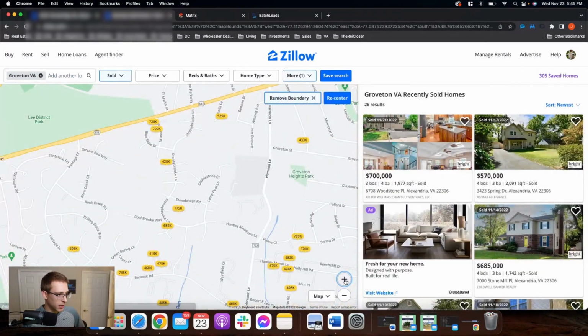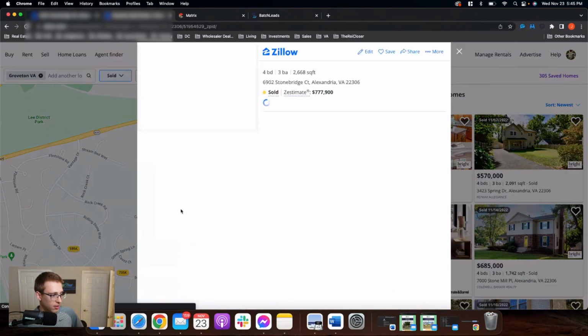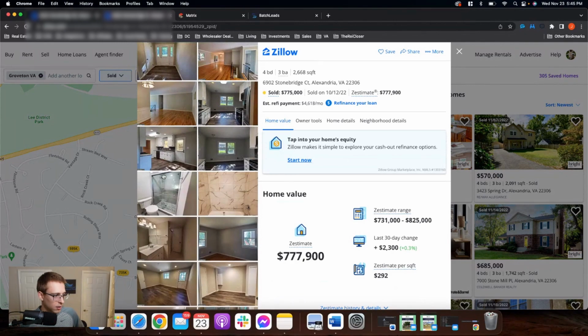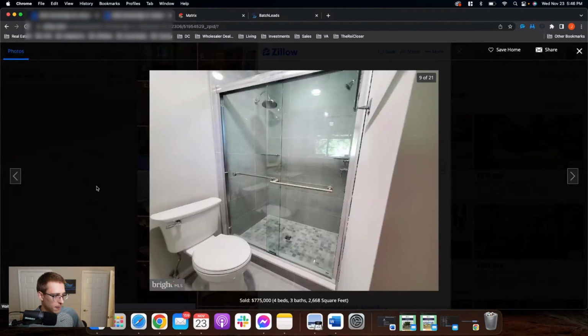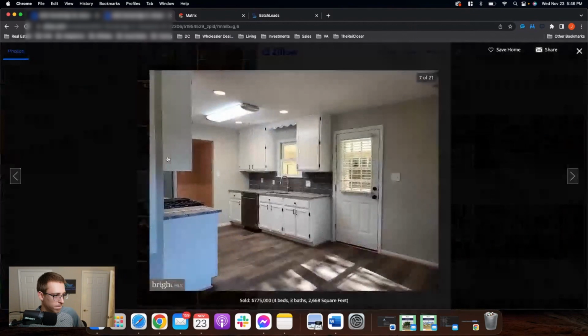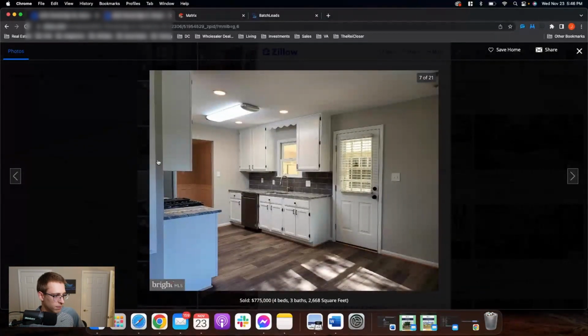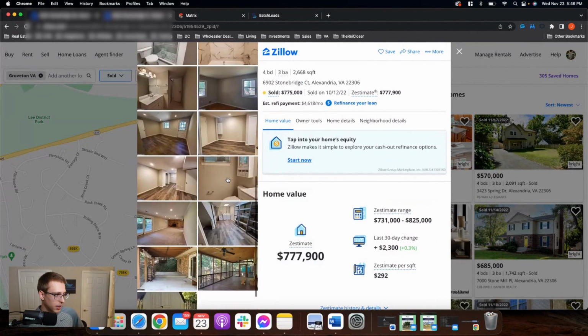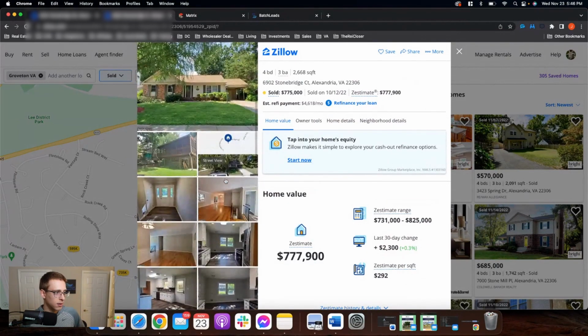So if we zoom in, we see there's a 775. This is 2,600. I would say it's updated, but it's not like immaculate, if that makes sense.